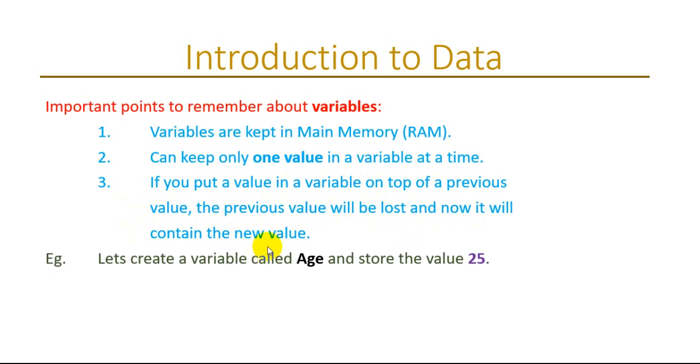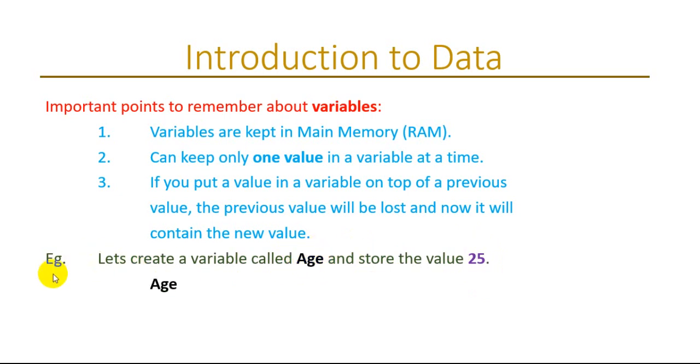So let's see an example. That will be much clearer when you see some kind of a diagram. Now what we are trying to do is create a variable called age and store the value 25. So obviously what it means is we are going to put the number 25, a numeric constant, into this variable named age.